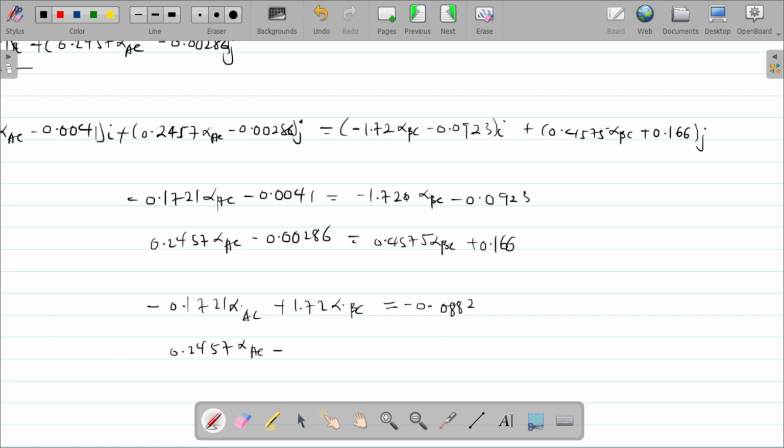And this one coming minus 0.4575 alpha BC equals, so this will come to add to this, so we have 0.166 plus 0.00286. That is 0.16886. So equation 1 and equation 2.